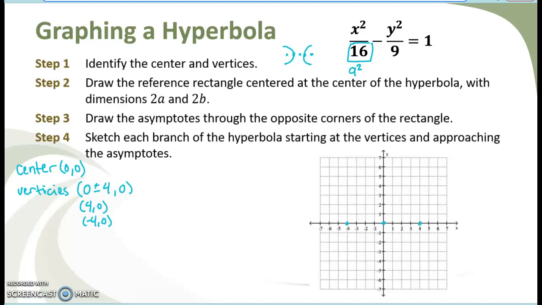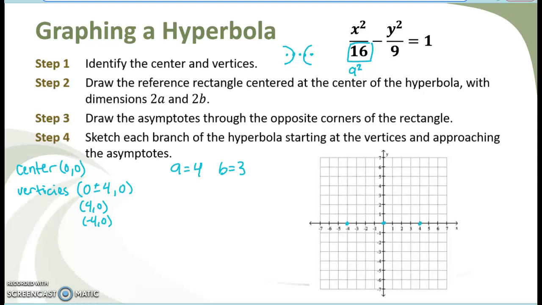Now it says to draw a reference rectangle centered at the center of the hyperbola with dimensions 2a and 2b. So let's first find a. A equals 4. Now let's find b. B equals 3. So what does it mean to go out 2a from the center? Well, that's where our vertices are, right?